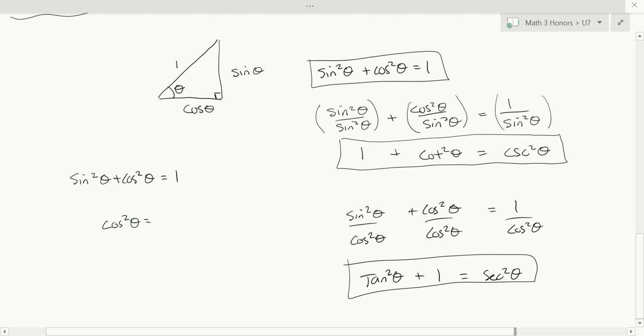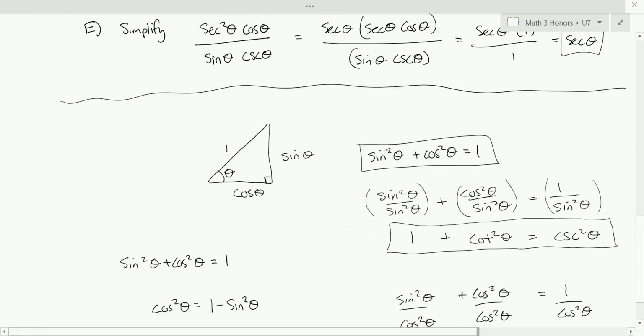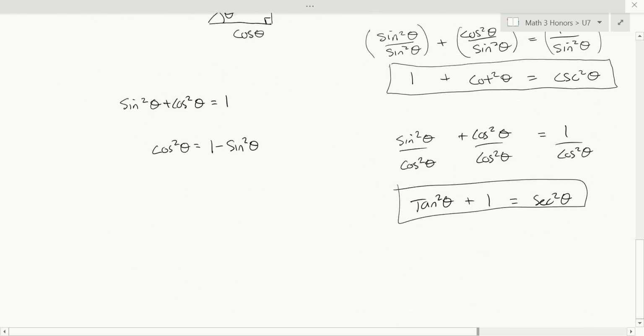So you use this equation to solve for cosine squared, and you just subtract sine squared from both sides, and you'd say, well, then that's going to be 1 minus sine squared, right? As long as you're aware of this kind of thing, because this is going to happen a lot. And the examples I'm going to give are going to use this kind of stuff. Okay, so let's pick up again with our examples on F here.